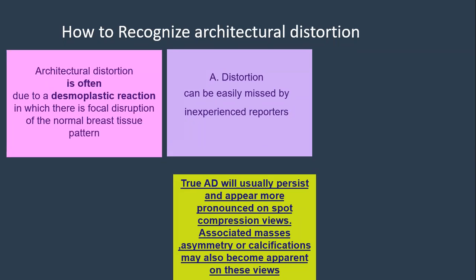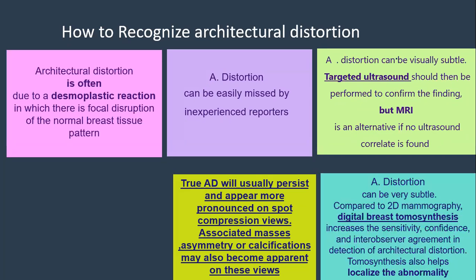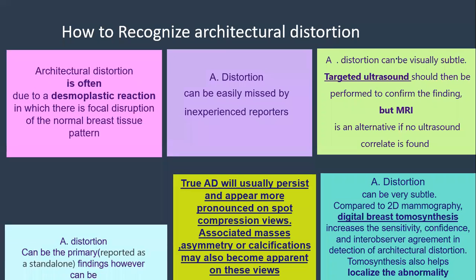As we mentioned, architectural distortion can be subtle. We need to target it by ultrasound, and in some cases adjunct digital tomosynthesis definitely increases sensitivity, confidence, and inter-observer agreement in detecting architectural distortions and localizing the abnormality.